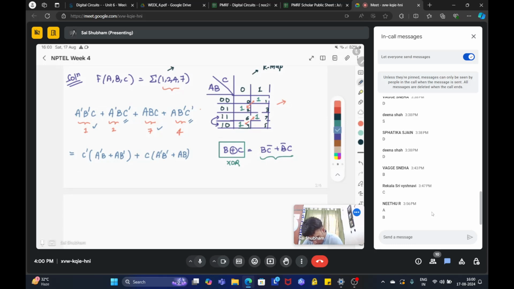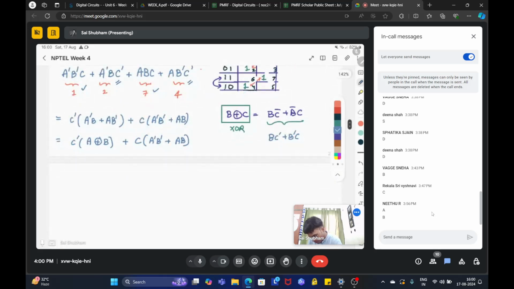Now if I'm writing B or C, it would be BC bar plus B bar C. Okay, so as you can see, this is A bar B plus AB bar, so I can write A or B plus C (A bar B bar plus AB).